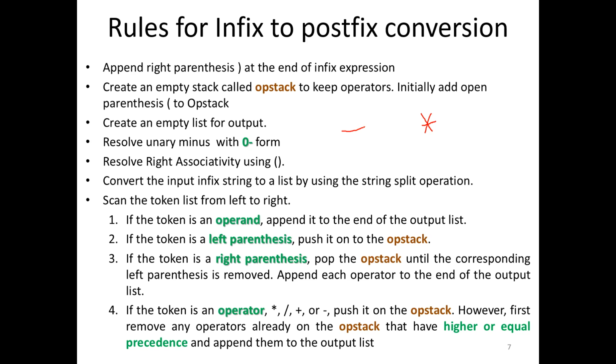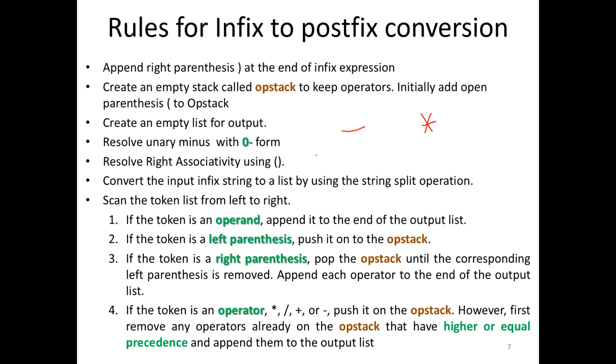The rule says that you have to add this symbol to the OP stack, but while adding it, the higher or equal precedence symbol must be removed. Star is of higher precedence, so it must be removed. We are going to add that popped symbol star to the OP list. The OP list will get star.